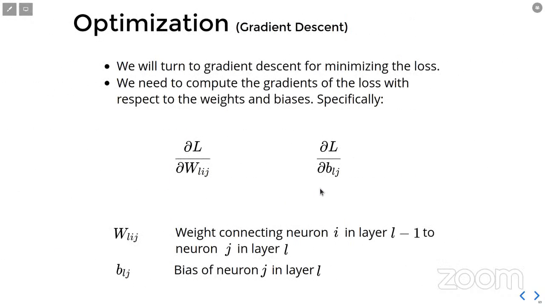So that is the categorical cross entropy. Once you have the loss, how do you update the weights? You have to compute the gradients, right? Here's the big challenge.